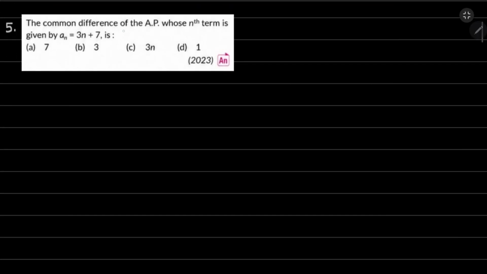Find the common difference of the AP whose nth term is given by an equal to 3n plus 7. So you are given the nth term of an AP, which is defined by an is equal to 3n plus 7.